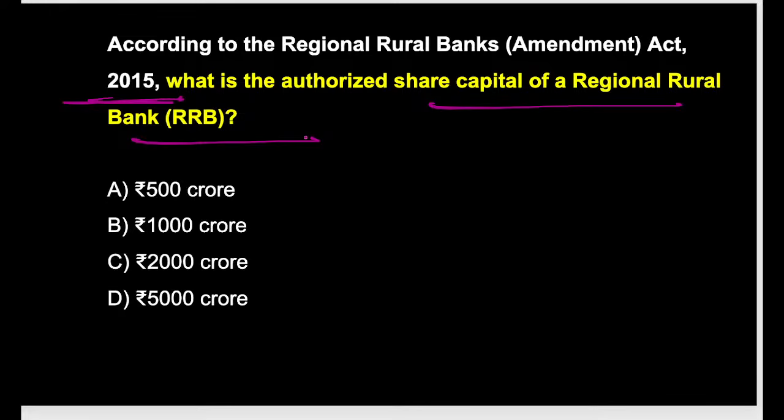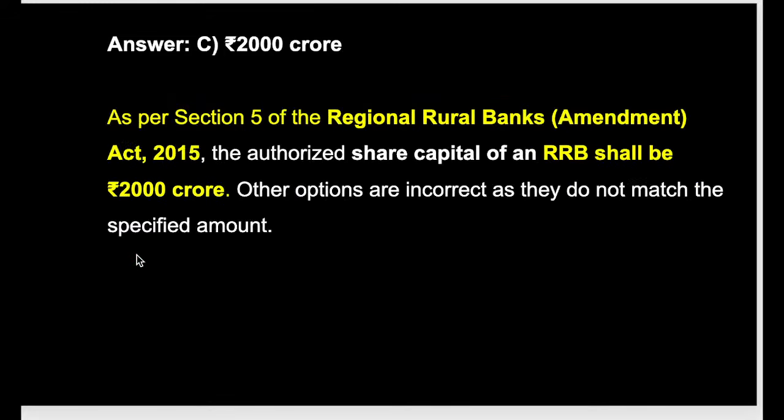Anyone guys? So how much? 2000 करोड़ आपका. ठीक है, सो कितना होना चाहिए? ठीक है, दुर्गा देवी जी, ऑप्शन सी 2000. As per section 5 of Regional Rural Bank Amendment 2015, the authorized share capital of RRB shall be 2000 करोड़. So that is the part of this one.